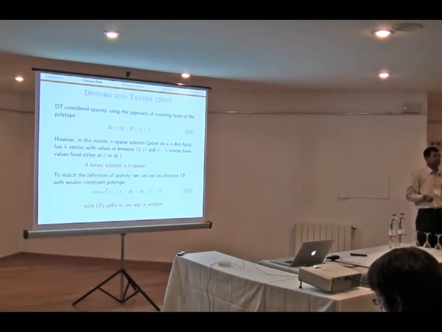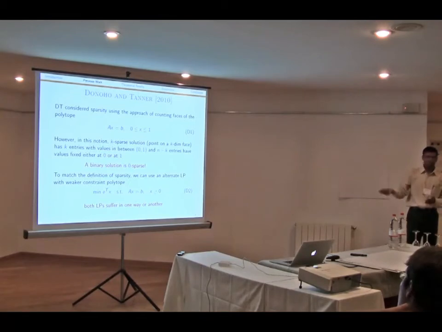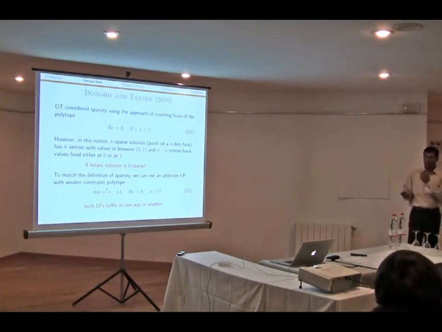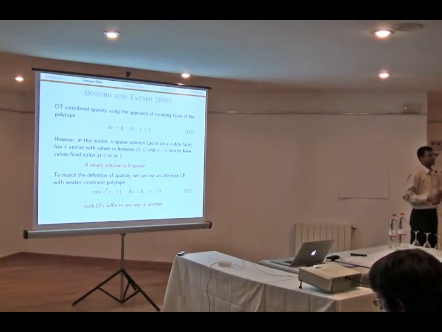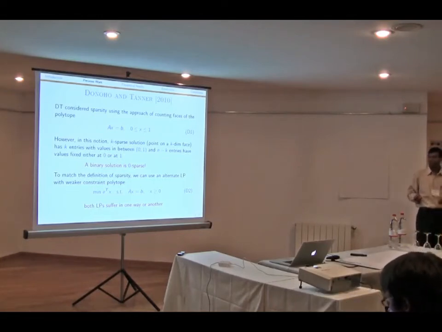To use their approach for our notion of sparsity, we have to use a weaker constraint corridor. But in this case, since the corridor is constant, we are losing something. So both the LPs they use are lacking something or other.